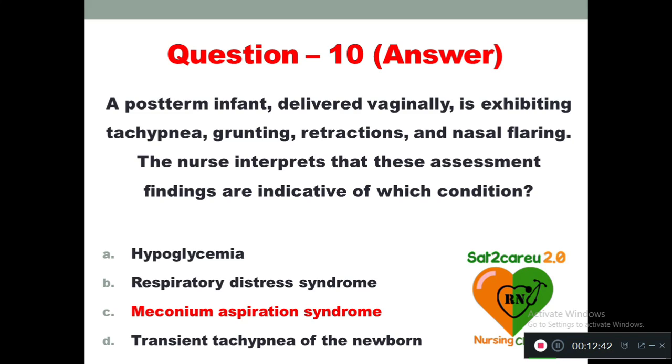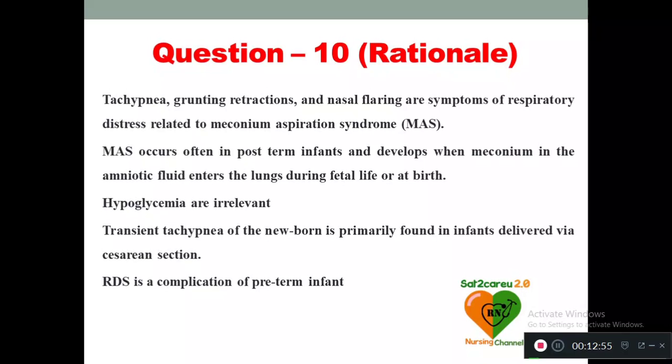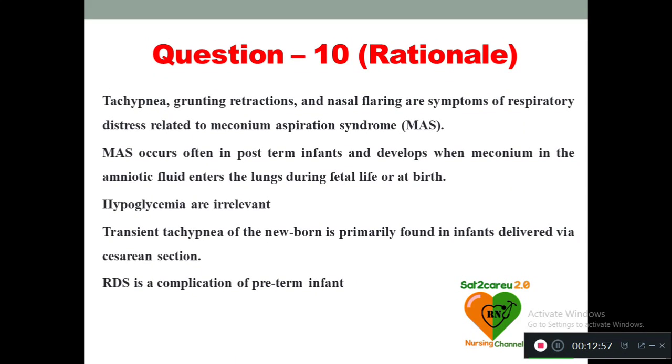Everybody has a tendency to choose respiratory distress syndrome, but it will not be the right answer when there is meconium aspiration syndrome. The rationale: tachypnea, grunting, retraction, and nasal flaring are symptoms of respiratory distress related to meconium aspiration.